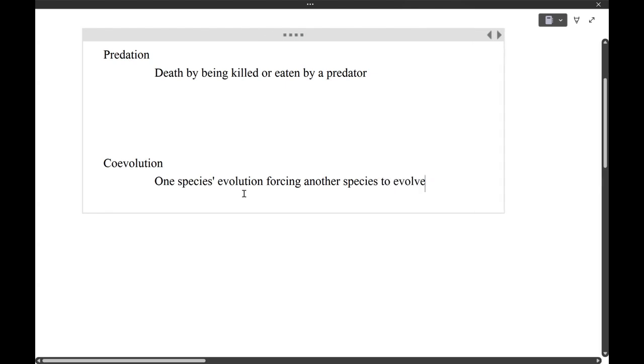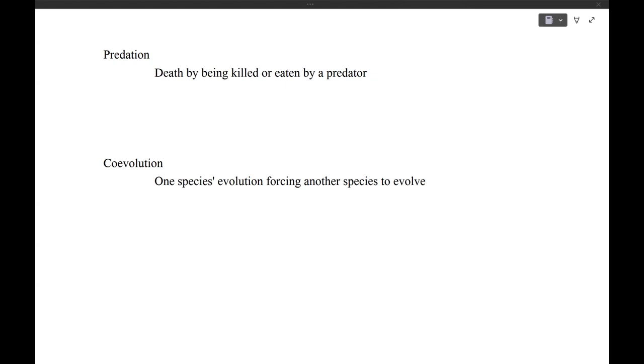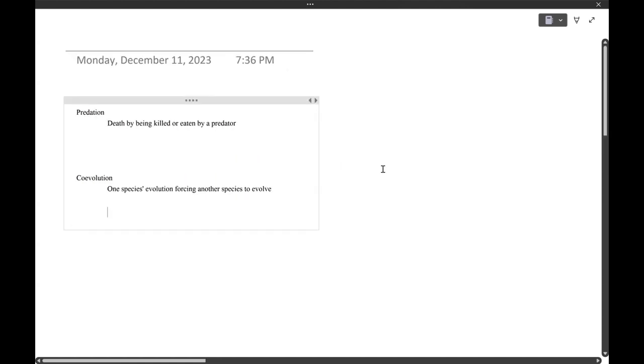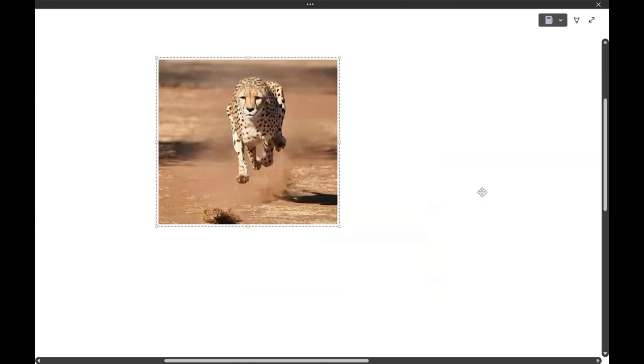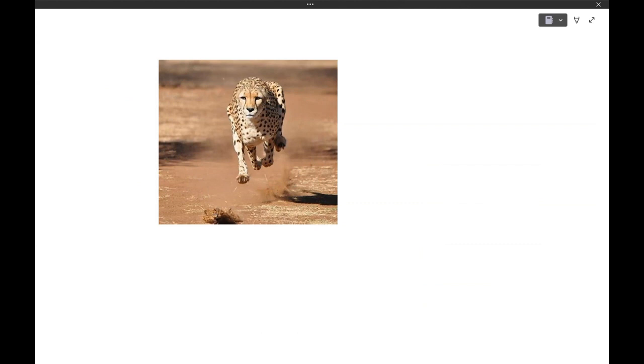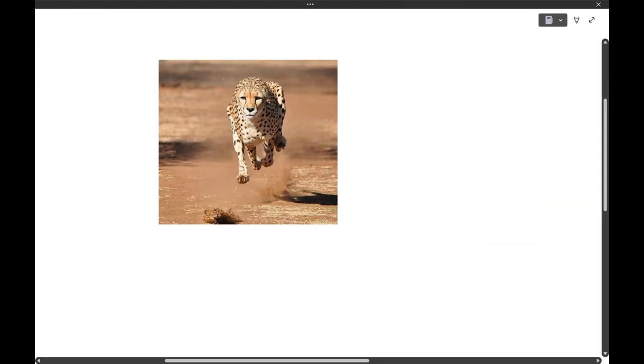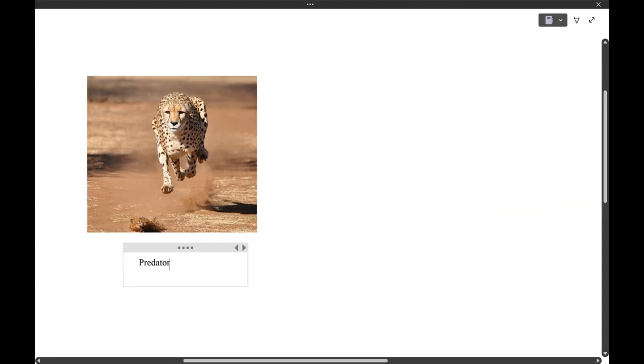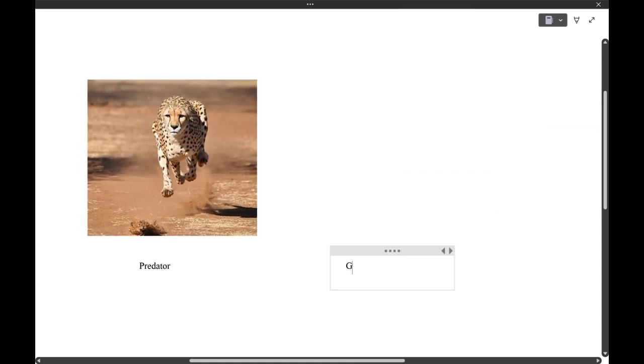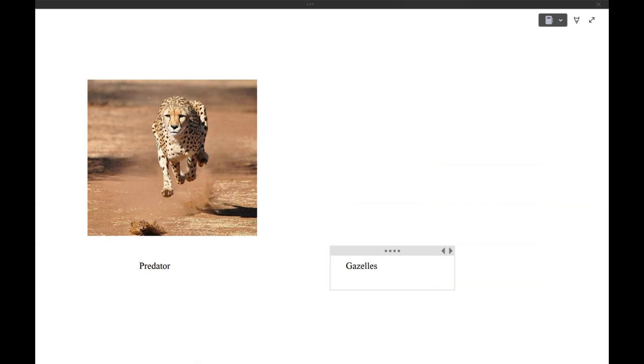So, a really good example of this would be, say, a cheetah. So, we have a cheetah, predator, and let's say it eats gazelles. So then we have a gazelle.